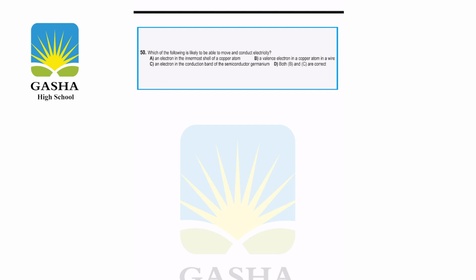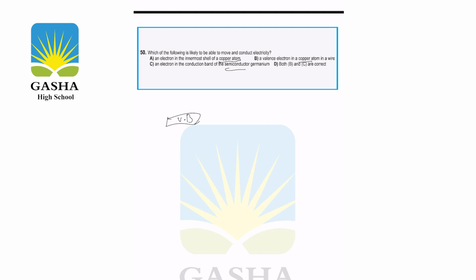Which of the following is likely to be able to move and conduct electricity? You have to know that in a conductor, because here we have a copper atom and here we have a semiconductor and here we have copper, both valence band and conduction band are merged. So there is no energy gap between them. So any electron in the valence band can contribute to electricity and any electron in the conduction band can also contribute to electricity.